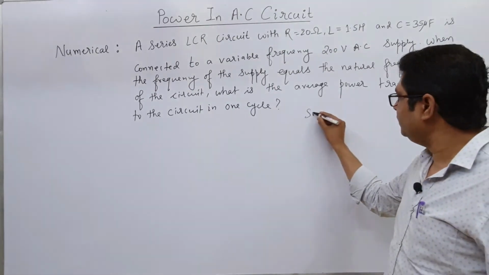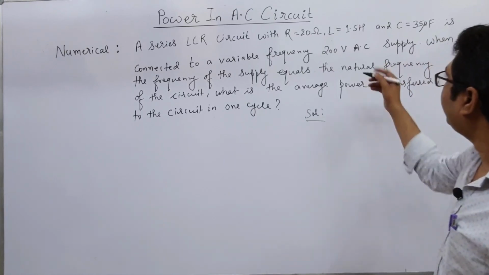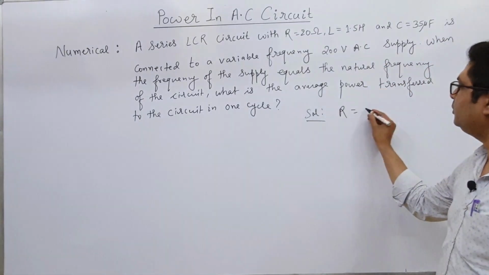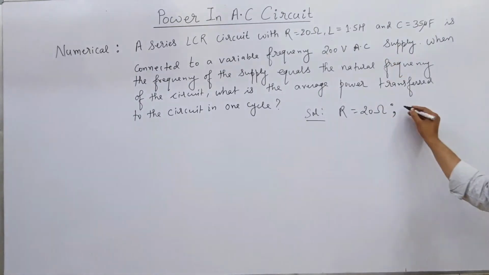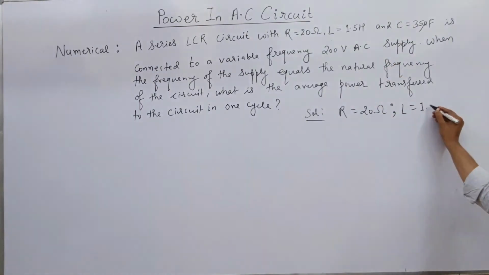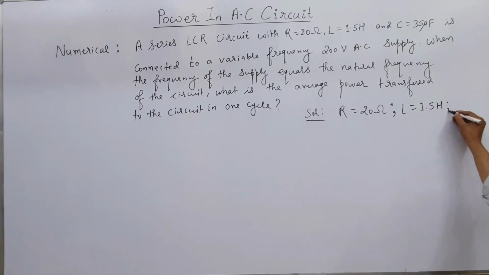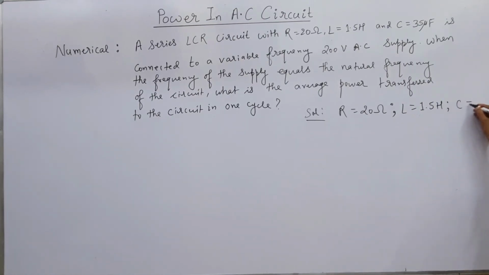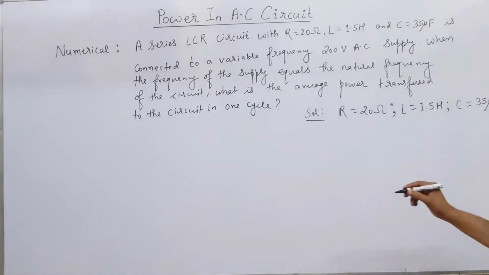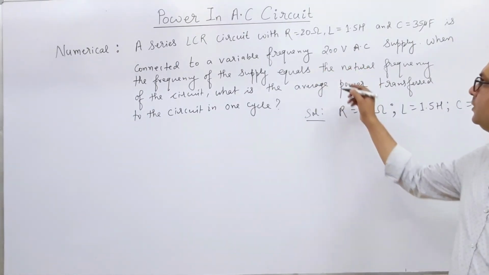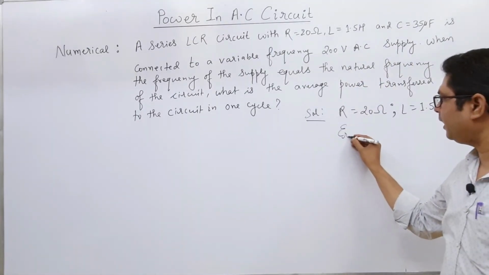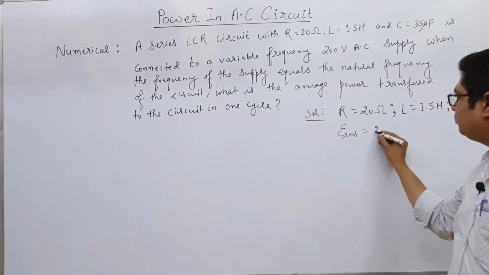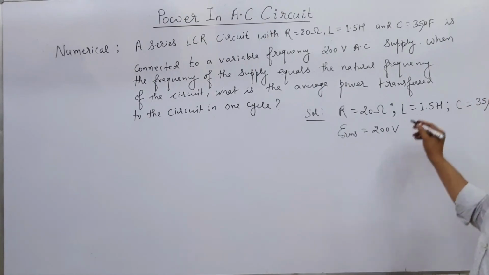In this question, you have resistance R equals 20 ohm, inductance L equals 1.5 Henry, capacitance C equals 35 microfarad, connected to a variable frequency 200 volt AC supply. This means that ERMS is equal to 200 volt.